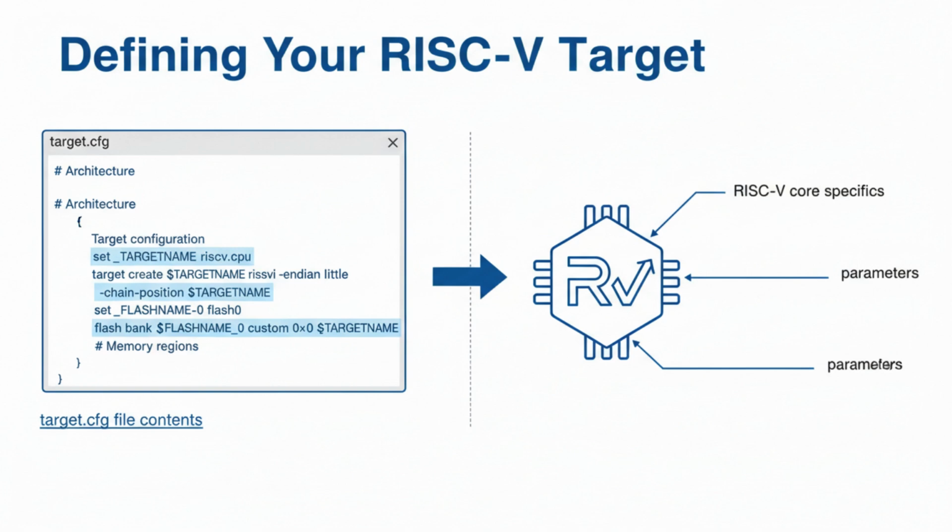Then you use the target create command to instantiate the RISC-V core, defining parameters like endianness and chain position. Flash banks are defined using flash bank, which tells OpenOCD about the memory regions available for programming. Many RISC-V development boards come with pre-made target.cfg files, but understanding their structure is vital for customization or supporting new hardware.